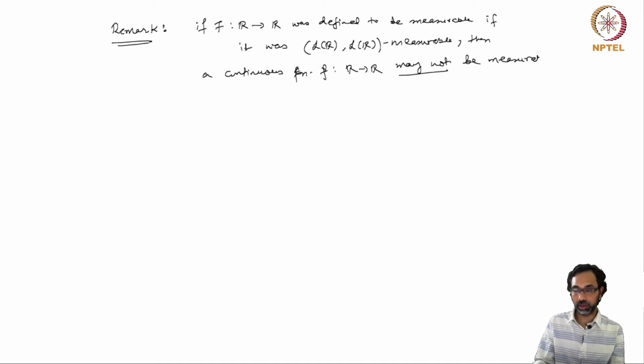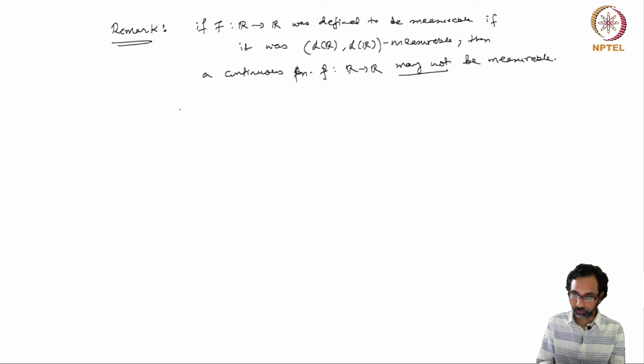So our definition is a bit asymmetric in the sense that we only consider the Borel sigma algebra on the target space and not the Lebesgue sigma algebra, precisely because we want continuous functions to be measurable. And very easy examples show that the pre-images of Lebesgue measurable sets under continuous maps may not be Lebesgue measurable.